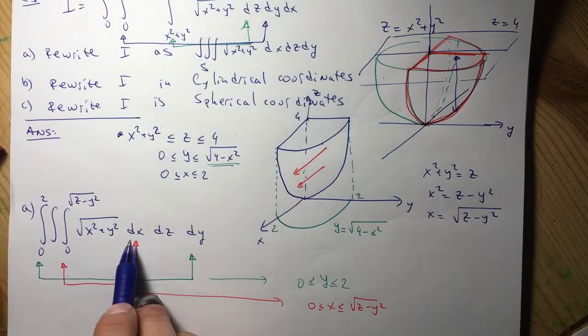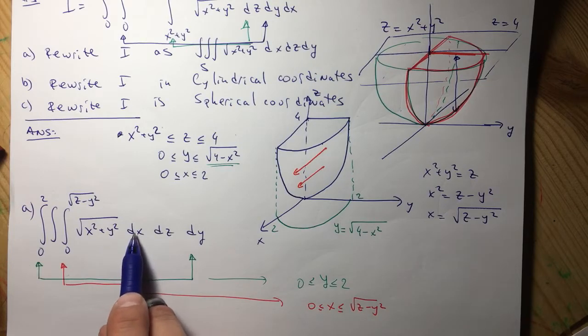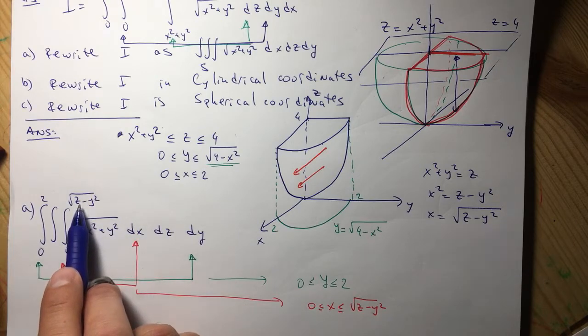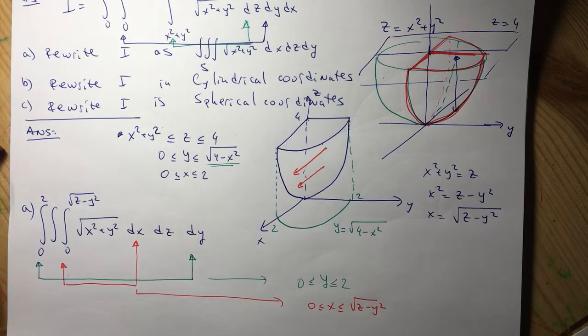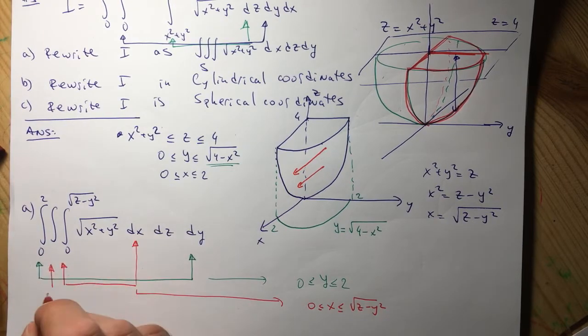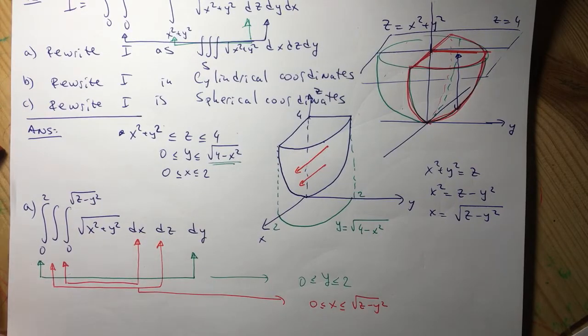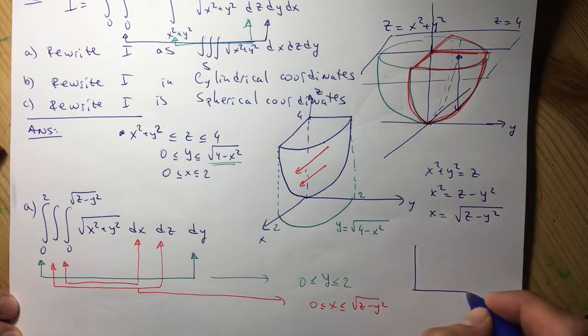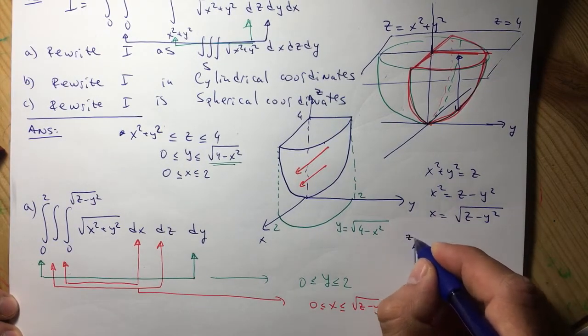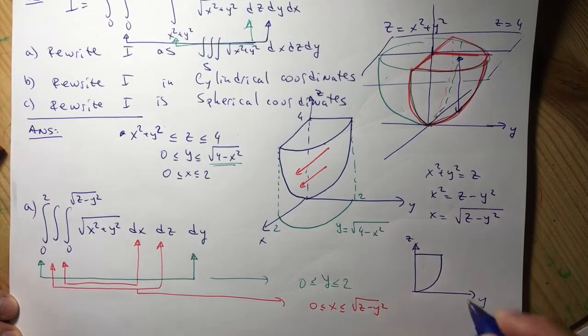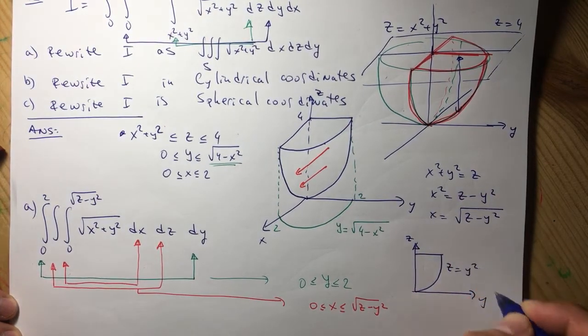Okay, so this integral is the most inner integral, so z can be bounded by a function of y, and finally z is bounded between, in order to find the bound of z, we can look only at the projection on the yz plane. If you look only at the yz plane, we have this here where z is equal to y squared, right?